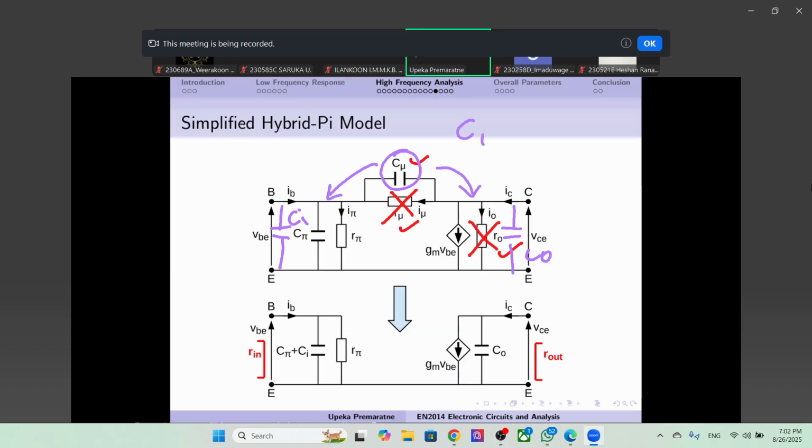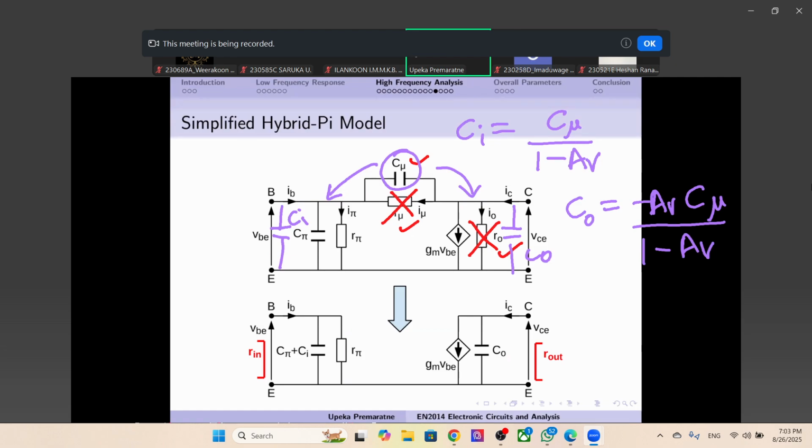So Ci will equal how much? C mu divided by 1 minus AV. Co will equal minus AV C mu divided by 1 minus AV, right?